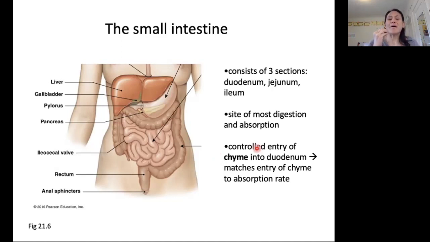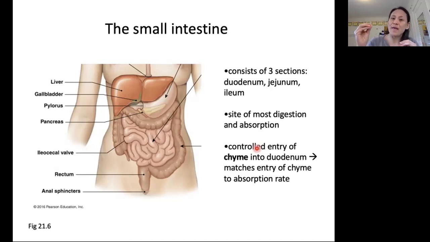Okay. And it's very important to control this entry because I want to remind you of another thing, which is that the processes of absorption and digestion are not regulated. Okay, so they're only going to occur at a certain baseline rate. And what we want to do is make sure that we are not overwhelming that process.